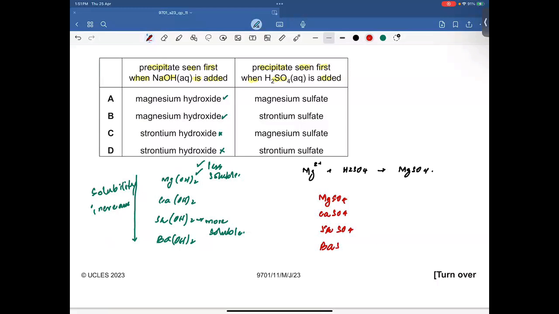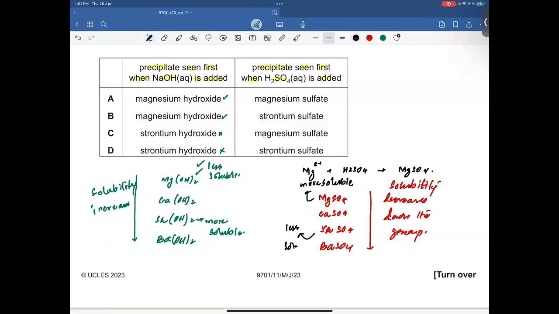And solubility of group 2 sulfates decreases down the group, which means this is more soluble and this is less soluble. So more soluble, precipitate seen first, more soluble, and less soluble. Less soluble is this and this. So the right answer is going to be B.